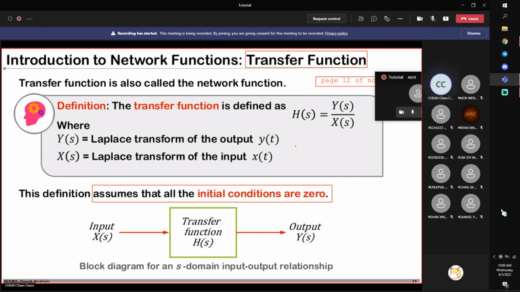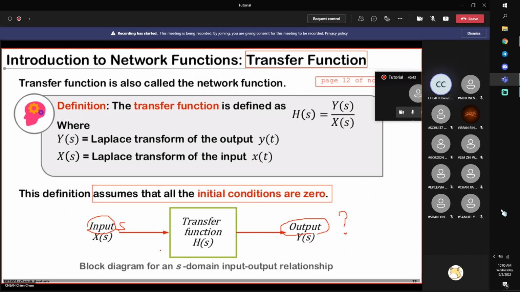So to review again, transfer functions give us the relationship between input and output. The purpose is that we have all kinds of inputs that we need to put into the circuits to find out what the output is.